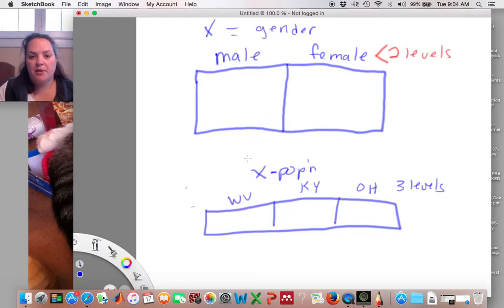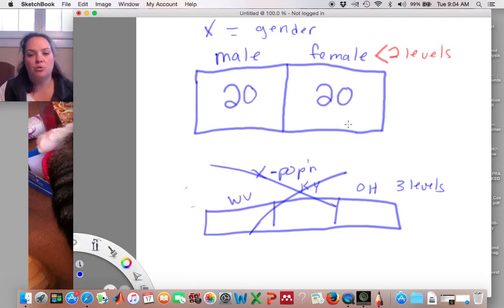Let's go back up here though. Let's focus on the top chart, and let's say we had 20 males total and 20 females total. So we're trying to see if weight varies between these 2 categories. What's our total number of observations for this? Well, 20 plus 20 equals 40.